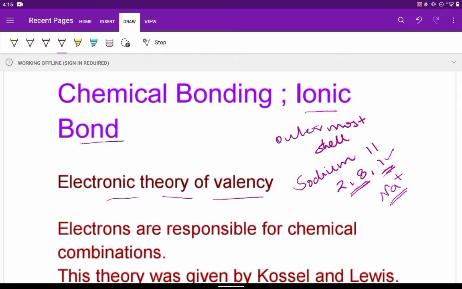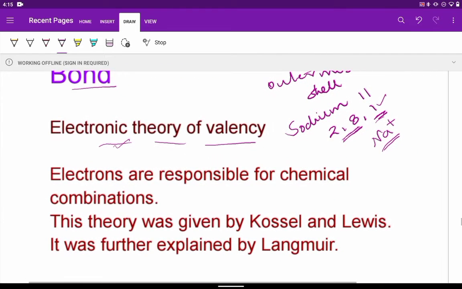So here what we have to emphasize in the electronic theory of valency is that the electrons which are present in the outermost shell, they only will help in bonding, that is bond formation. So overall, electrons are the key factors that are responsible for chemical combinations.